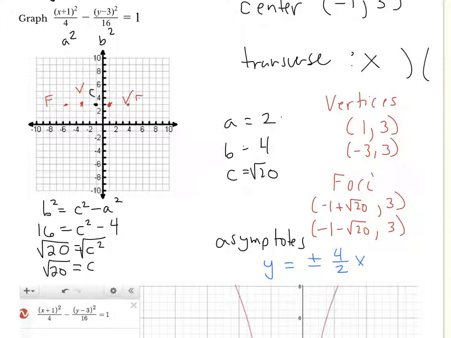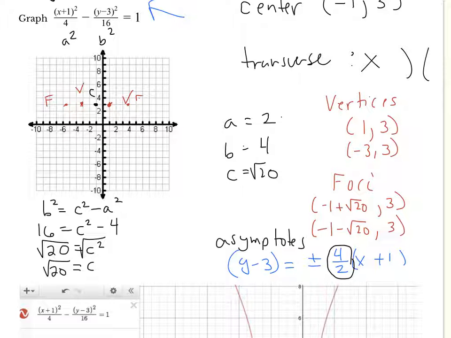Now, this is not going to be the actual asymptote because instead of x, it's going to be x plus 1, which is just what we had earlier. And for the y, it's y minus 3, because again, that's how it was shifted. So instead of x and y, I have the things that were in the original equation. But the cool thing is, the only thing I really care about in this asymptote is the slope, which is 4 over 2, which is 2.